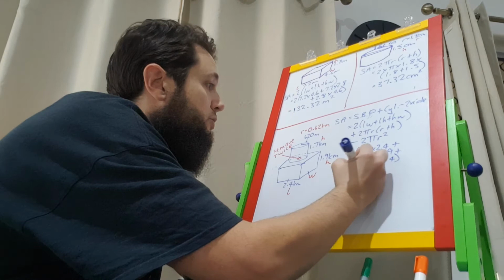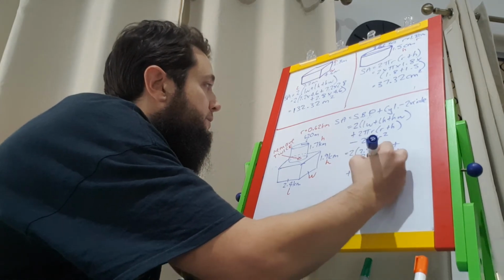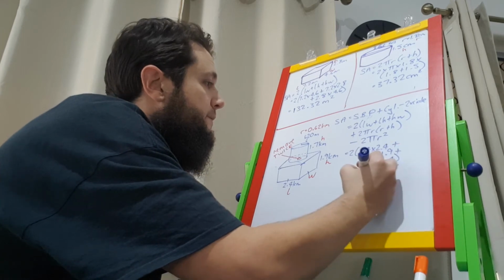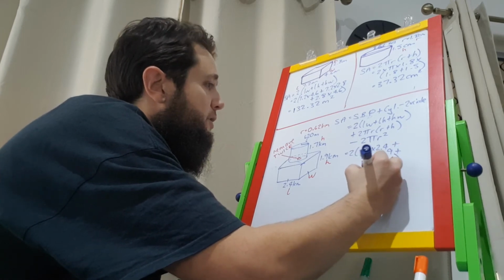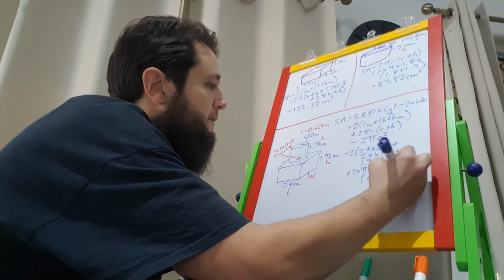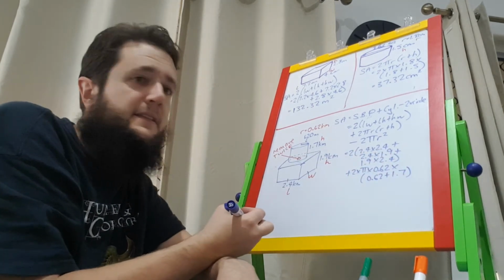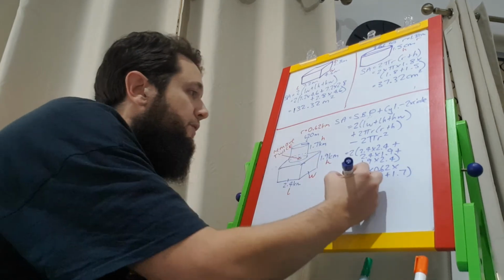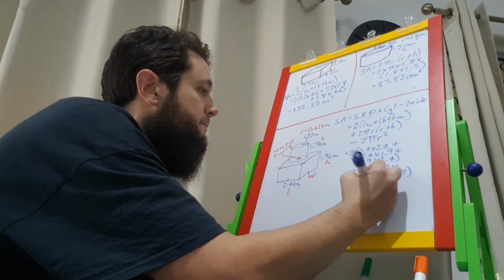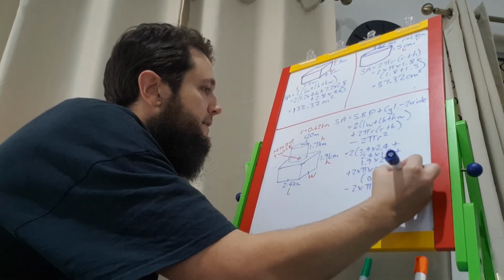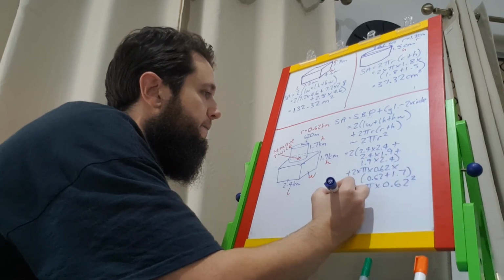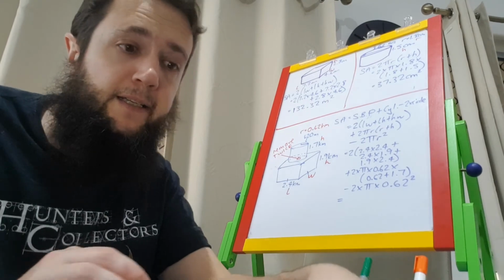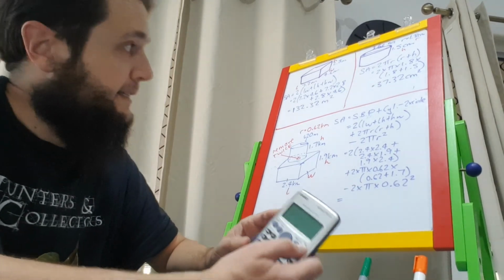Plus then 2 times pi times the radius, 0.62, times, in brackets, the radius of 0.62 plus the height of 1.7. So that's the cylinder part. And now to remove those circles, it'll be subtract 2 times pi times 0.62 squared. Be very careful. Quite a good chance of me making an error doing this. Well, how about you guys?